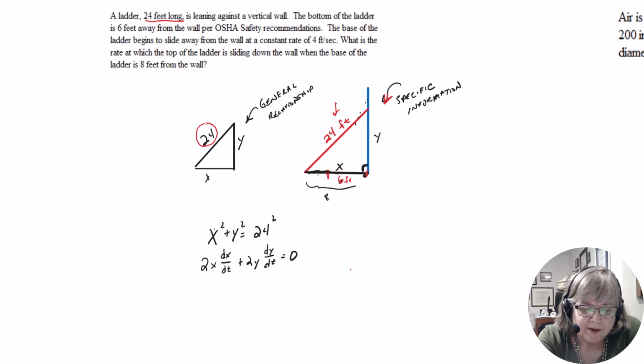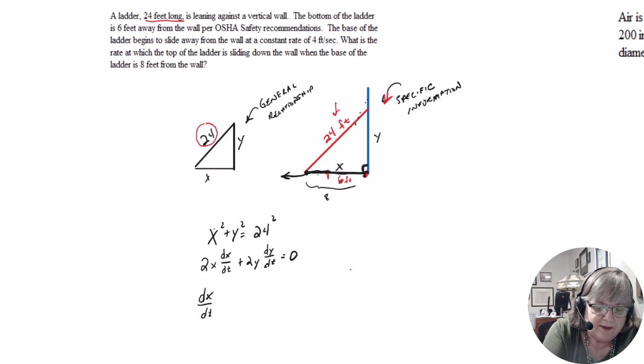This is the base right here. And this is moving away in this direction. And so that's the change in the x position, right? So that 4 feet per second is dx dt. Okay, so dx dt is equal to 4 feet per second.